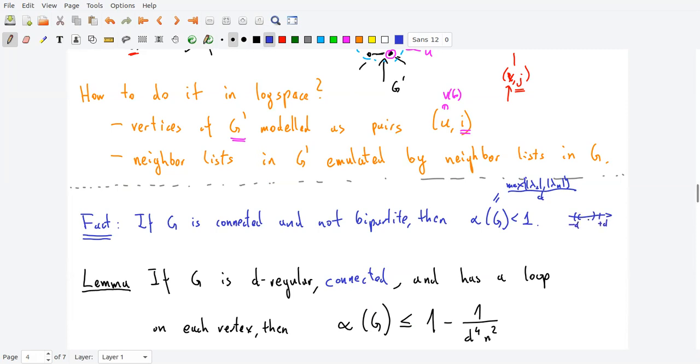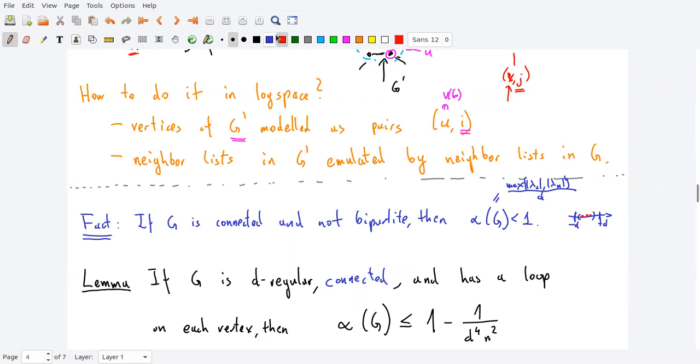If G is connected and non-bipartite, then there is actually some gap here. Namely, you do not have eigenvalues minus d or plus d other than the one trivial. So all the other eigenvalues are strictly between minus d and d.